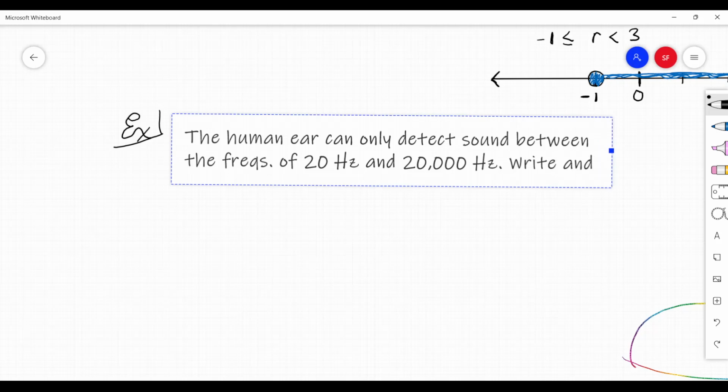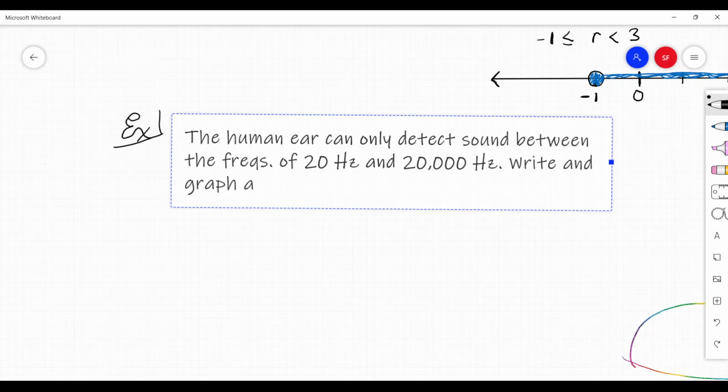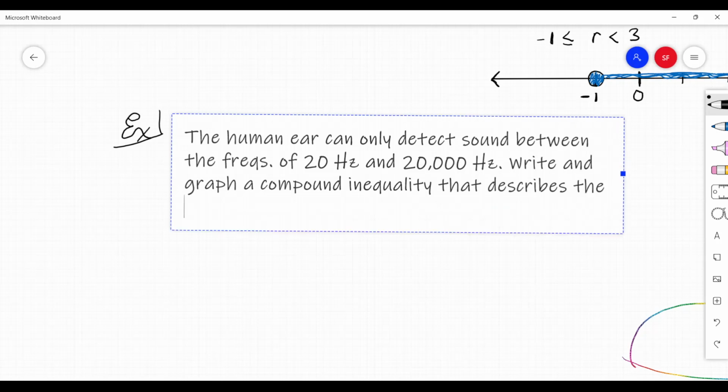Write and graph a compound inequality that describes the frequency of sounds humans cannot hear.